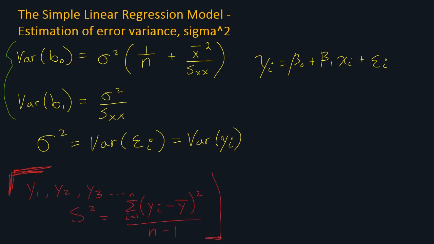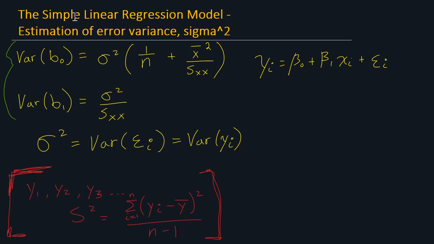This is back in the old days when all I had was data on one variable. It's the sum of the squared differences between the observation and the mean, divided by n minus 1.